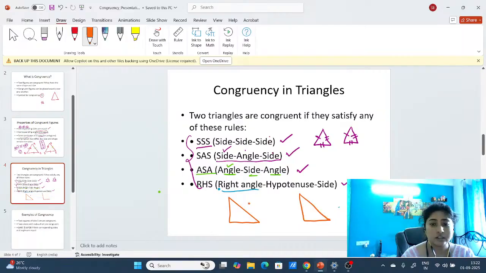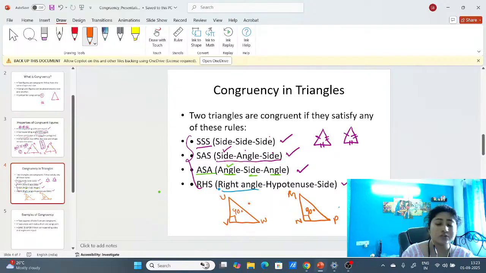This one is MNP, which has right angle at N, and this one is UVW, which has right angle at V. This right angle means 90 degree, right? This is also 90 degree. So if this is my 90 degree, I can take this angle as theta. Theta is an angle.